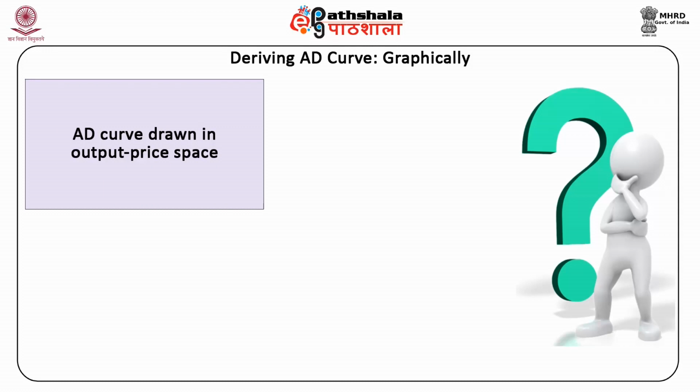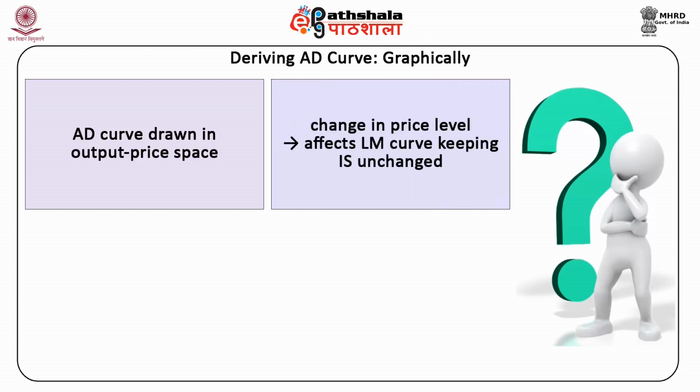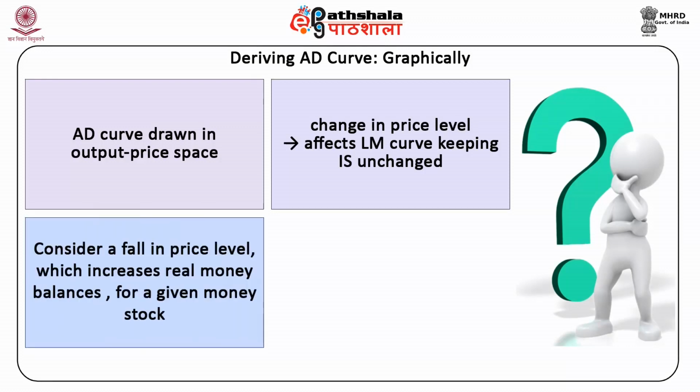Aggregate demand curve is drawn in output price space. So, consider a change in price level which affects LM curve, keeping IS curve unchanged. Consider a fall in price level which increases real money balances for a given money stock.